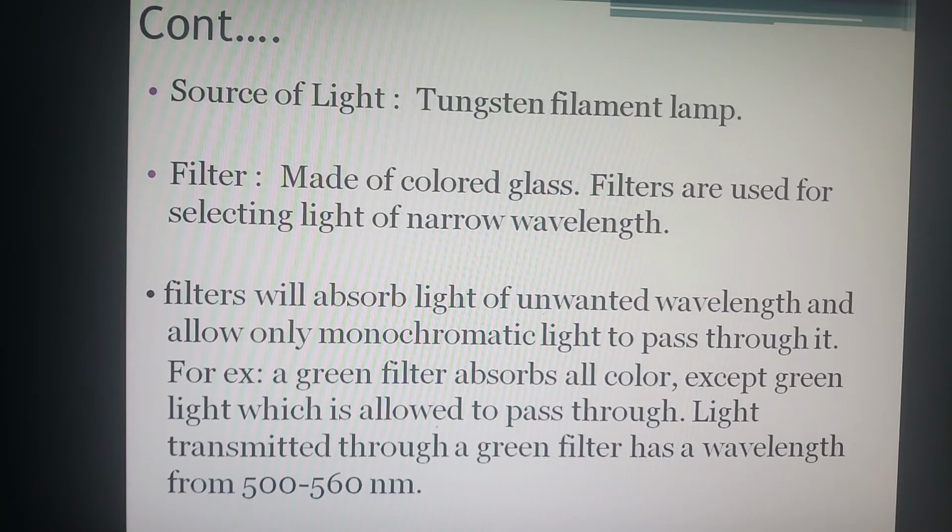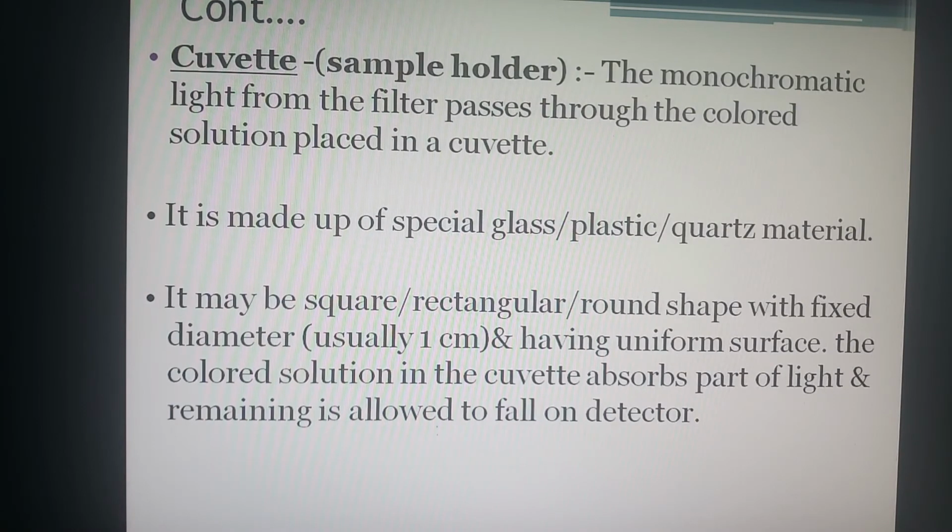Usually a tungsten filament lamp is used as the source of light in the colorimetric tool, which passes through the filters or monochromators, which filter out all the other radiations and emit a single beam of light required to interact with the matter.